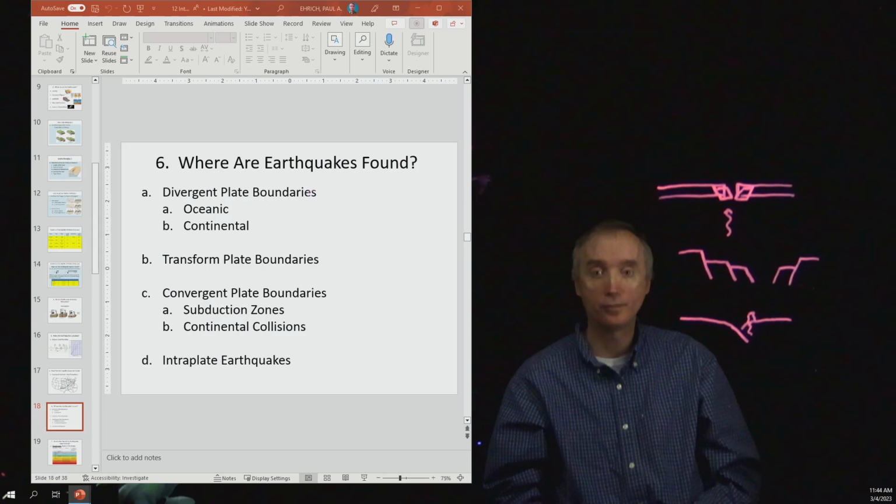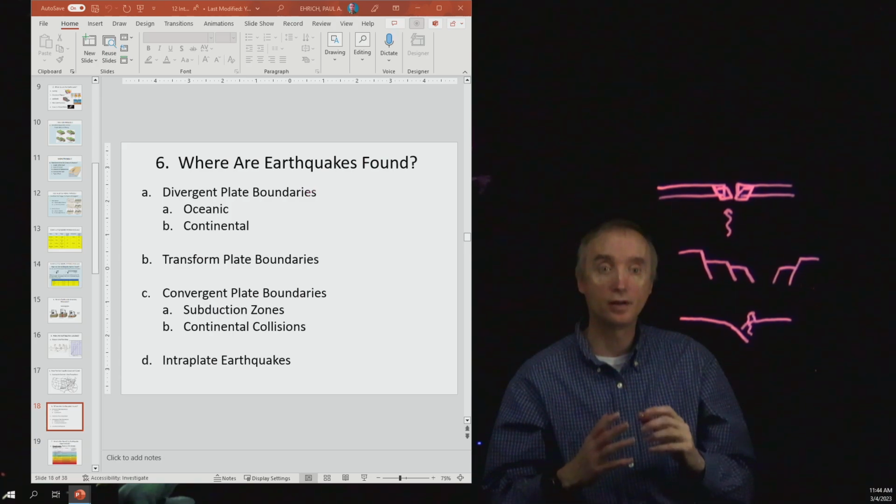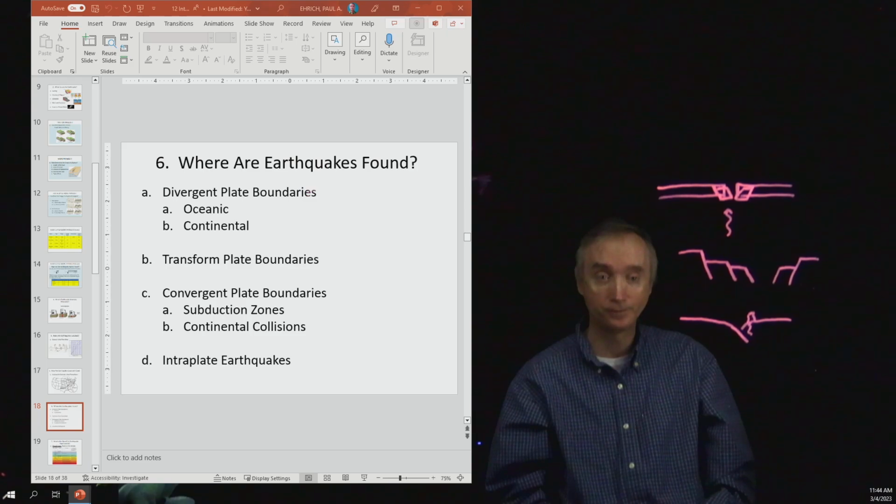Also, the earthquake that they had in Japan, same thing. So Japan is a subduction zone where you've got one oceanic plate going underneath another oceanic plate. So subduction zones are going to cause a lot of earthquakes to occur.